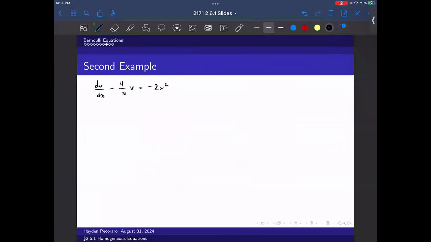And now we want to find our integrating factor. So we have a new p, maybe we'll use capital P here, and a new q, and our integrating factor should be e to the integral of minus 4 over x. So that p of x coefficient. If we go through and do that, we should get 1 over x to the 4th power. Yep.